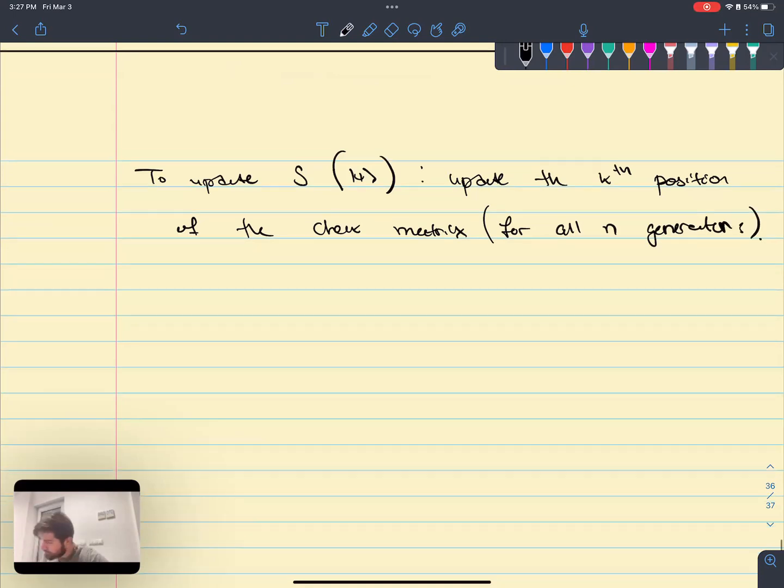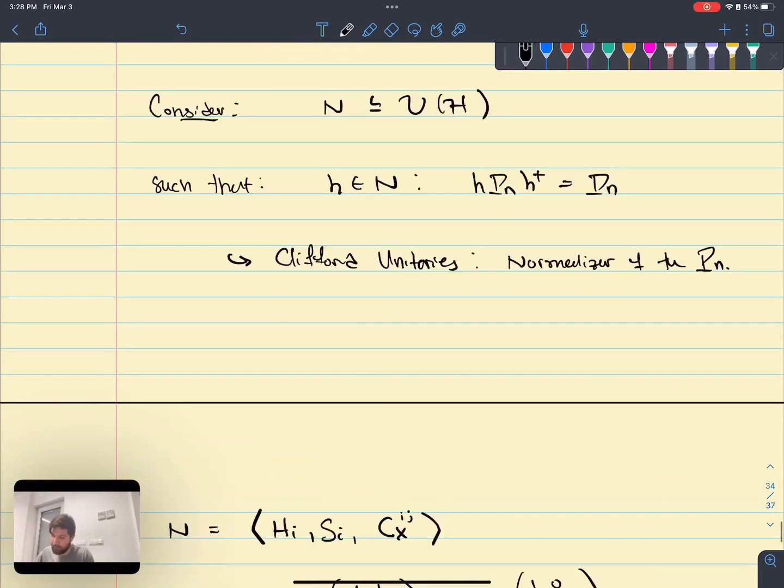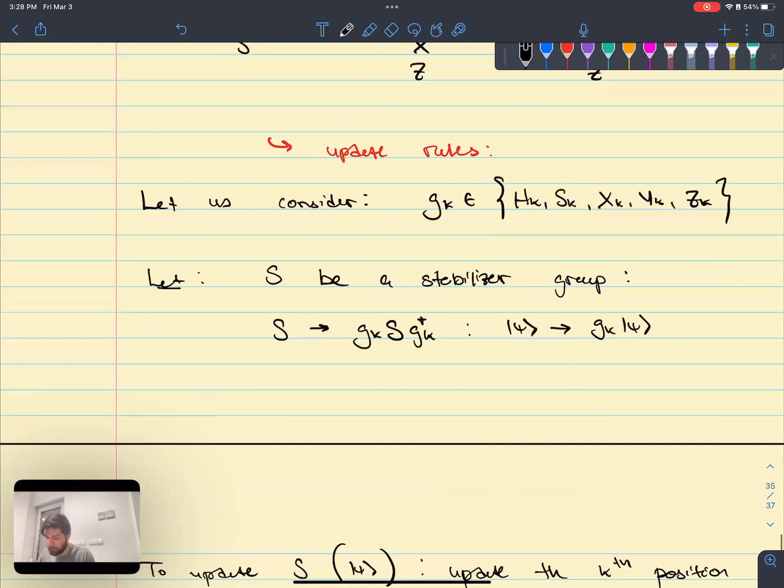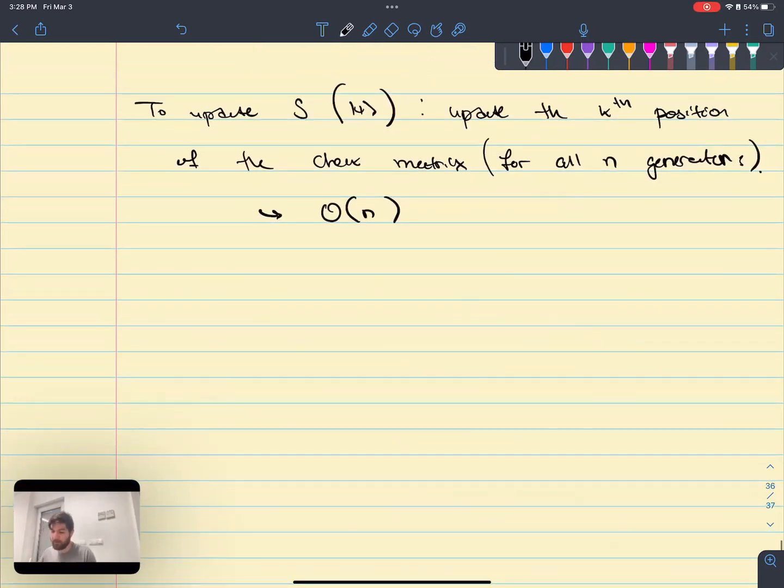And roughly, in computer science notation, this is something like a linear factor. I believe it's 3n, right? It's 3 columns that I have to modify, and there's n rows, so 3n. So there's 3n steps that need to be taken.